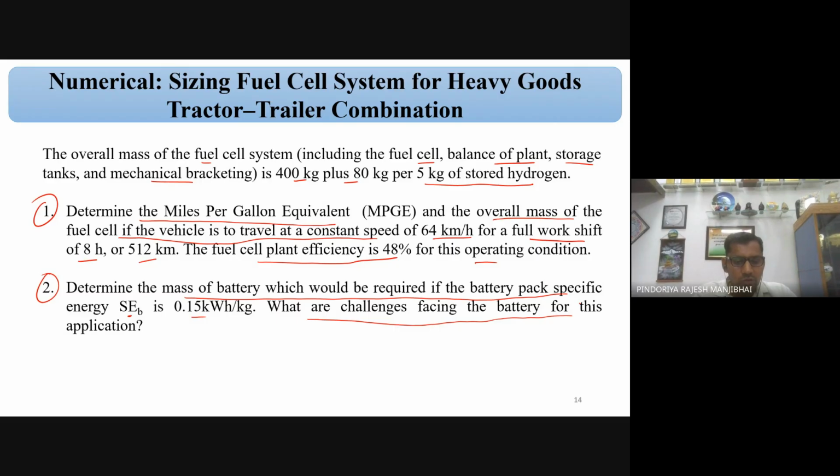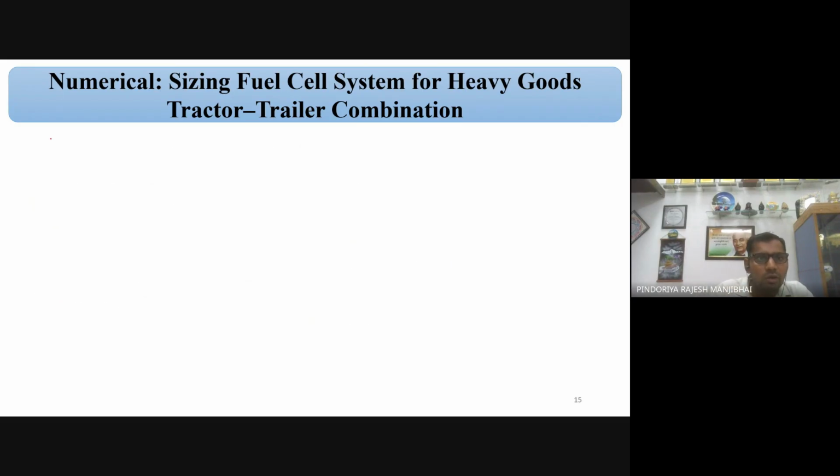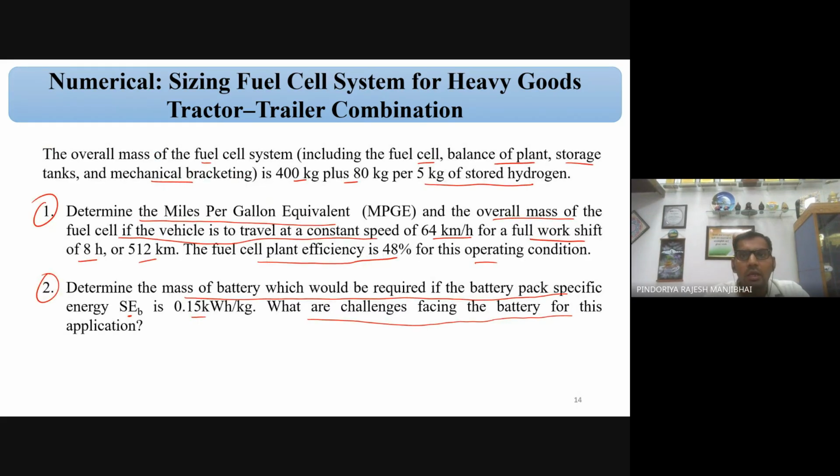First we find the velocity. Please remind yourselves, otherwise revise your concepts from the first unit. Velocity V is nothing but 64 divided by 3.6.